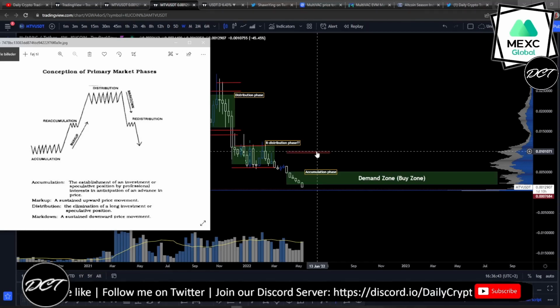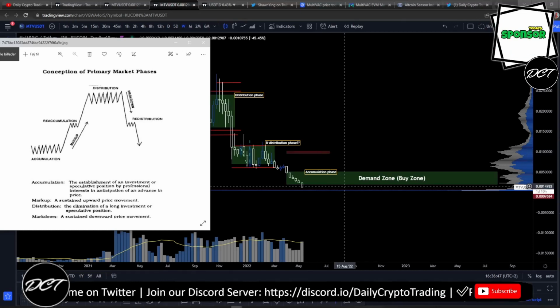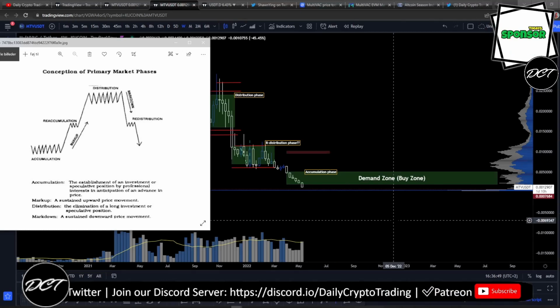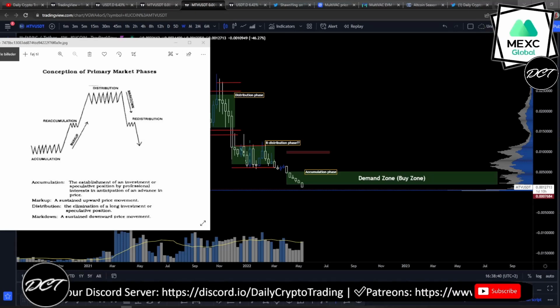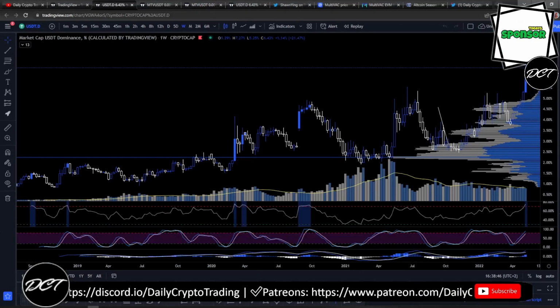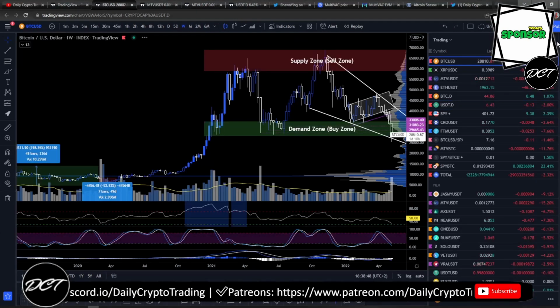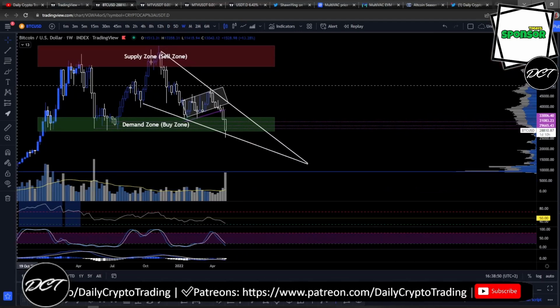I did not expect the price to go lower than 0.003, but it did, because as I always say, guys, all coins are heavily correlated with, let me just see if I can find it, with Bitcoin. There we go.